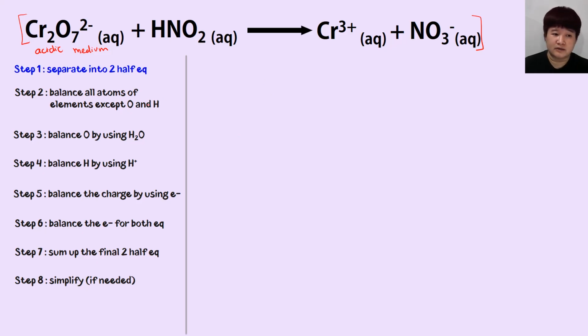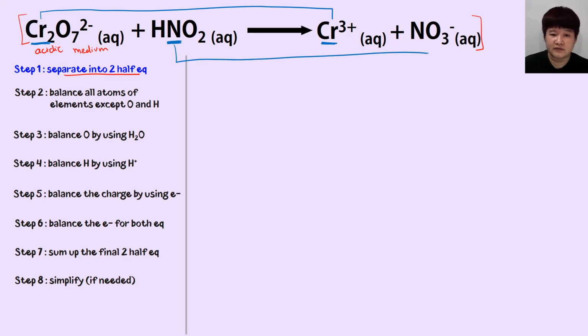So my step 1 is to separate them into two half equations. How do I separate them into two half equations? Simple. Find the pair. If I have chromium over here, find the pair of chromium. That is my pair of chromium. If I have nitrogen over here, find the pair of nitrogen. That is the pair of nitrogen. So that is my first half equation, and that will be my second half equation.